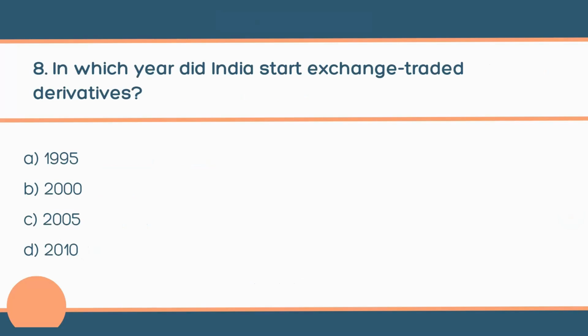In which year did India start exchange traded derivatives? The NSE introduced index futures in 2000, marking the beginning of derivatives trading in India. So the answer is B, 2000.